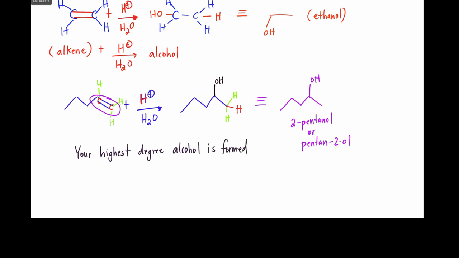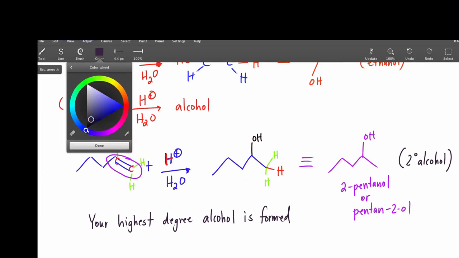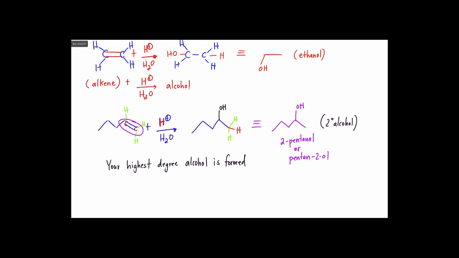So what I mean by that is you form a secondary alcohol as a product. If I were to add this reversely and put the H plus there and the OH there, just for instance, like, well, why does that go there and it go there? But if I were to add that in that sequence, this would give me a primary alcohol.